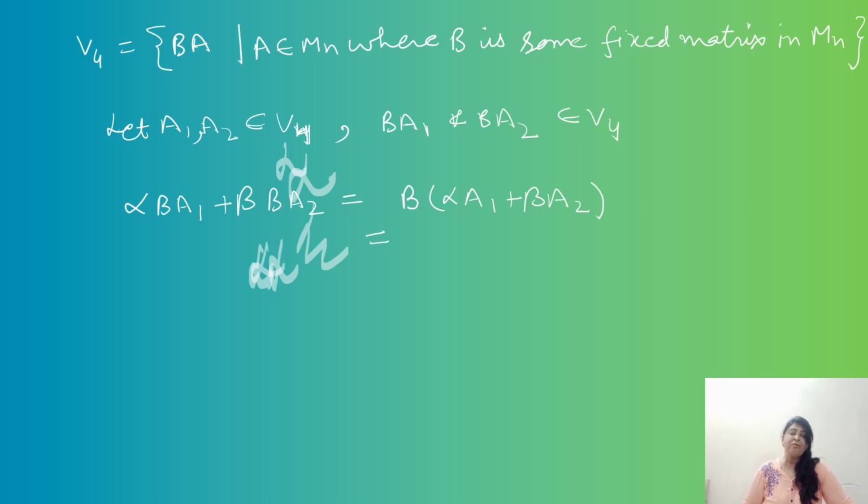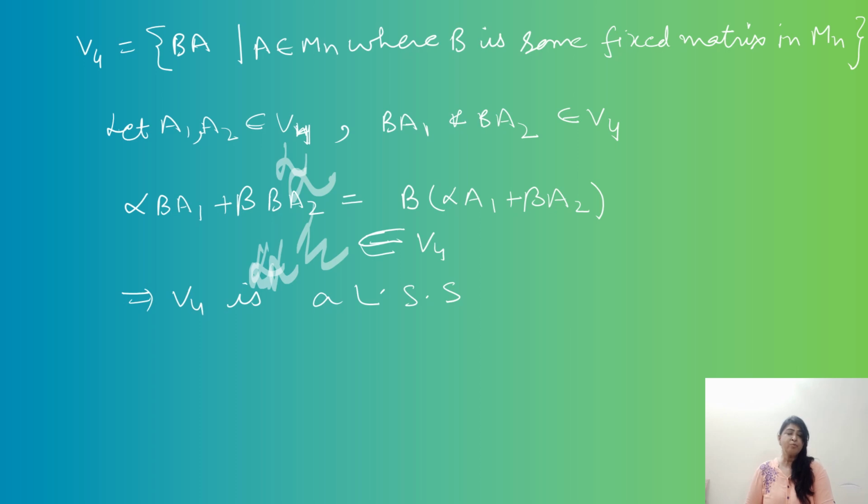B into alpha A1 plus beta A2. As BA1 belongs to V4 and BA2 belongs to V4, and alpha and beta are some scalars, B into alpha A1 plus beta A2 will also belong to V4. So this implies V4 is a linear subspace. So first and fourth set, these are linear subspaces.